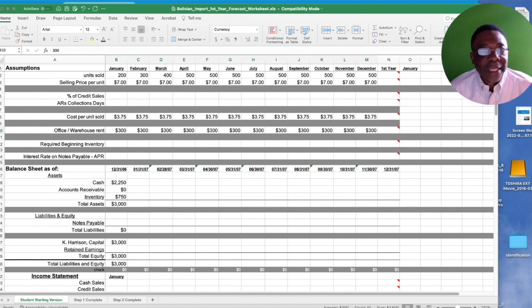Why do we do forecast? We don't create forecasts because we're trying to determine exactly what's going to happen. That is not the point of a forecast. The point of a forecast is to understand what major factors drive revenues, expenses, cash flows, and to understand how sensitive the forecast is to those major drivers.